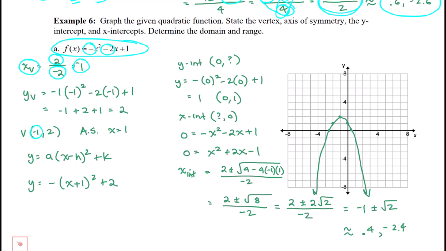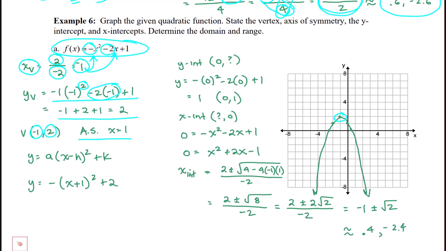To find the y-coordinate, I just go ahead and plug in that x value here and here. Watching the order of operations, of course, we square first, and then a negative times a negative is a positive. From left to right, we get 2. That's the y-coordinate of the vertex. -1, 2.